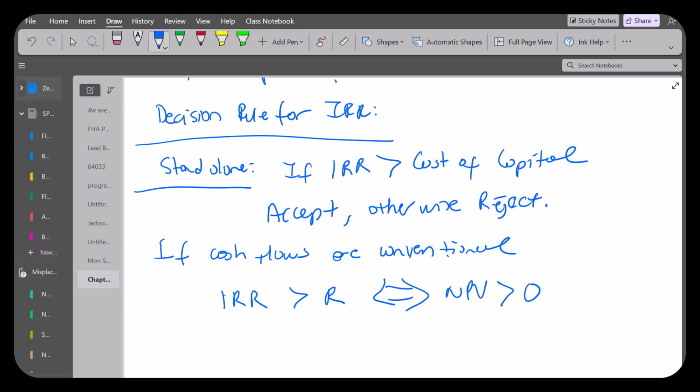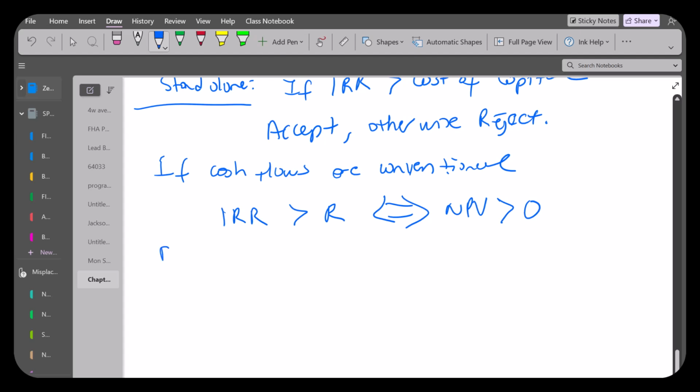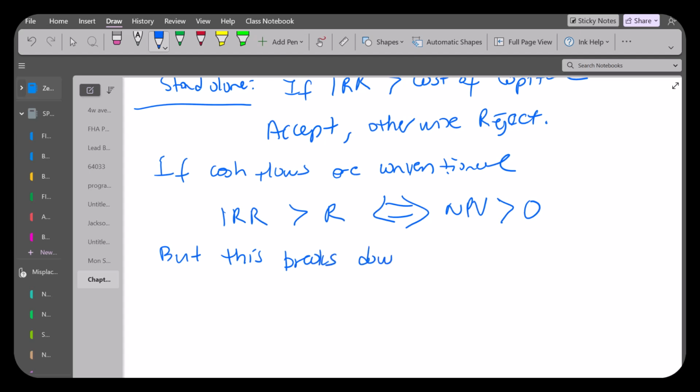If and only if simply means if NPV is greater than 0, IRR is greater than the discount rate, or if IRR is greater than the discount rate, NPV is greater than 0. But this breaks down if cash flows are not conventional.